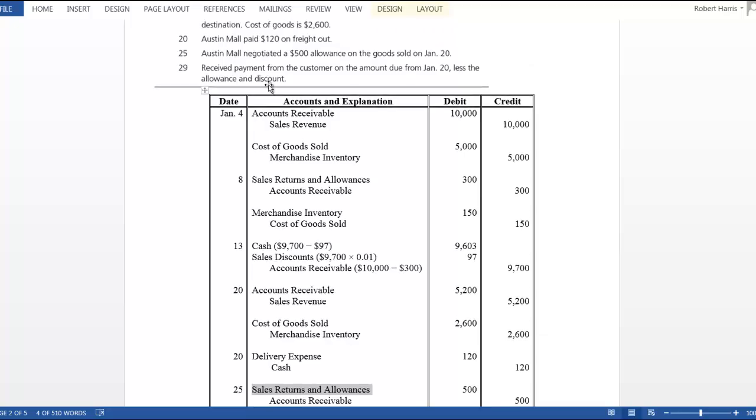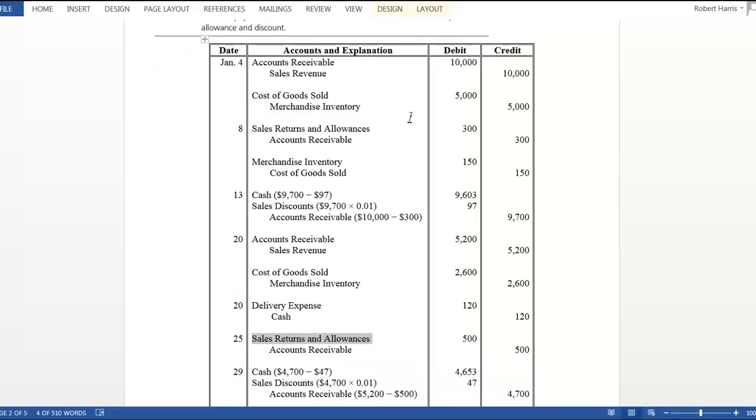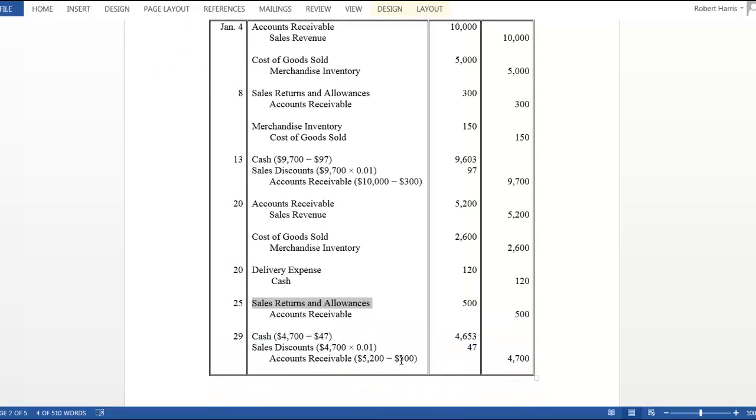And then lastly it says we're going to receive payment minus that $500 allowance. So remember, the original amount of the sale was $5,200 minus the allowance, which means that in our accounts receivable we're showing that they owe us $4,700, and we're going to have to make that go away. We're going to make that go away when we receive payment, and that payment is going to be $4,653.